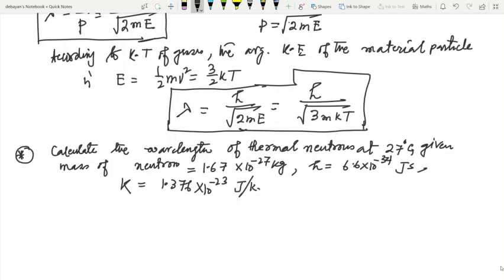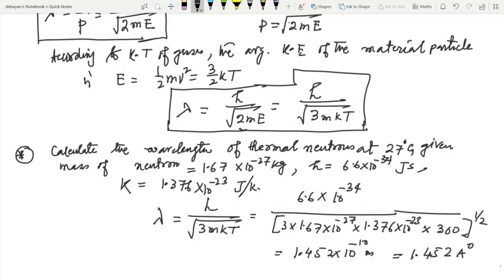That will give the answer 1.2 into 10 to the power minus 10 meter, or you can write it as about 1.452 Angstrom. That is the corresponding answer if you do the problem like that.